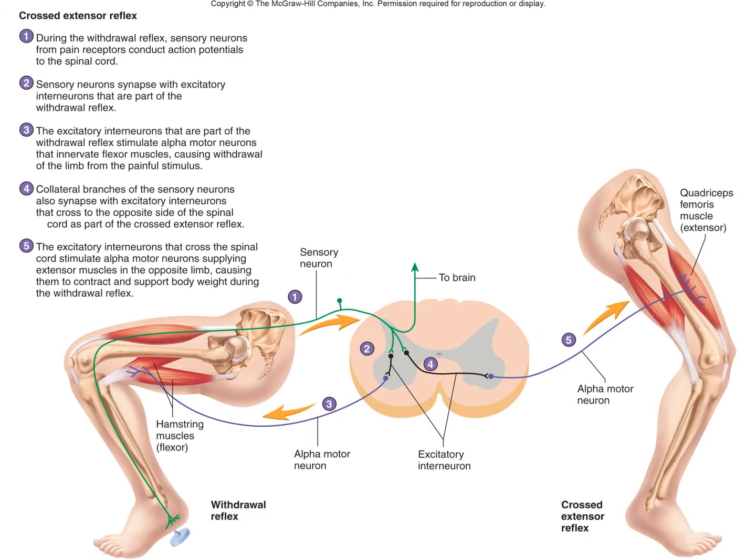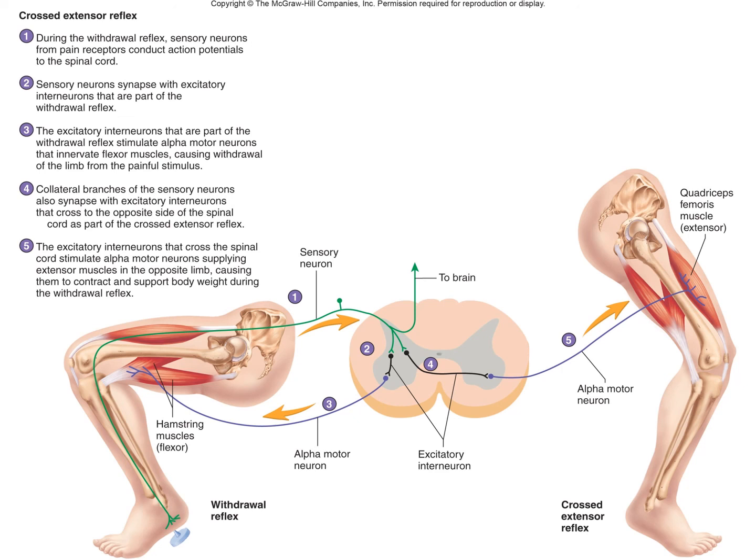Now finally, we can add one more piece to this withdrawal reflex puzzle. At the divergence point where the sensory neuron enters the posterior horn of the gray matter, notice there's a three-way branching. So one branch finishes the withdrawal reflex.